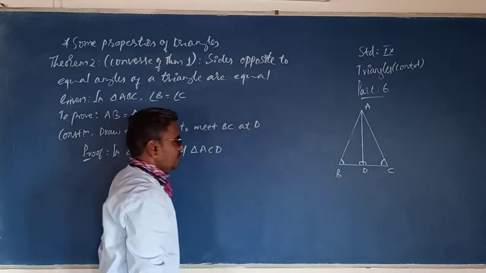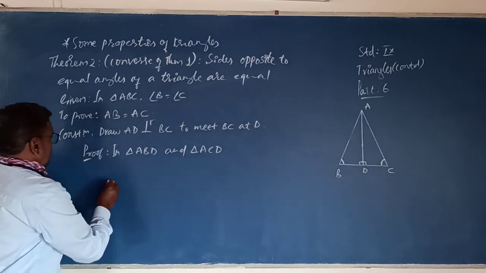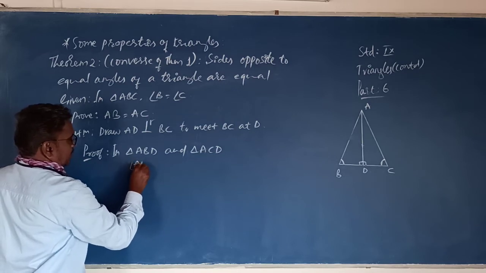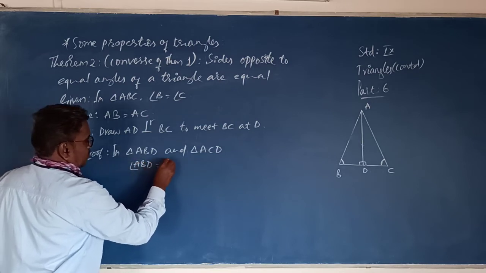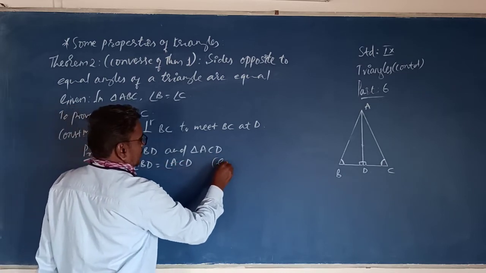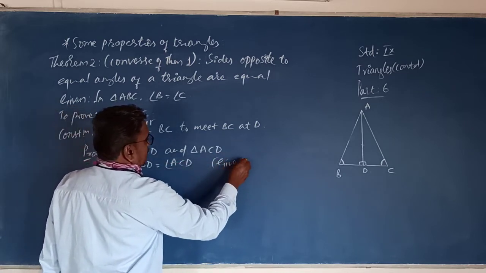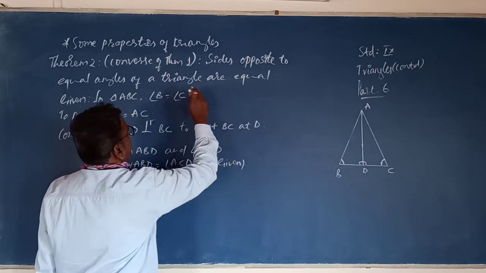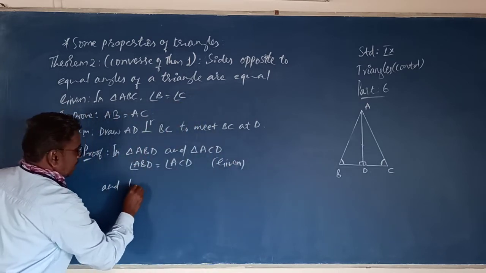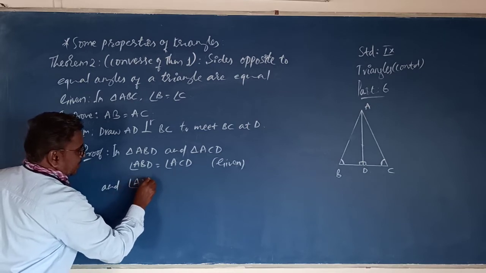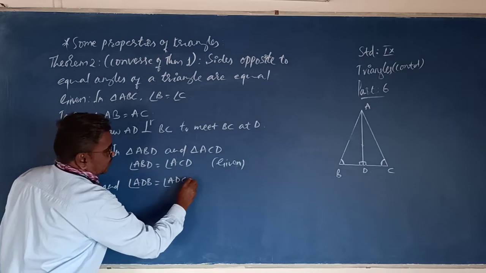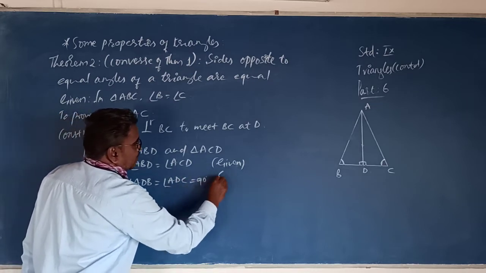Angle ABD is equal to angle ACD is given, and angle ADB equal to angle ADC equal to 90 degrees, we have constructed.